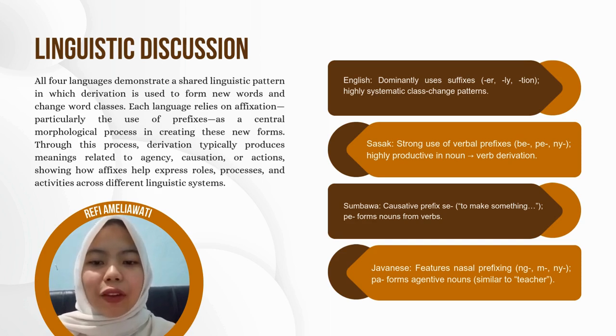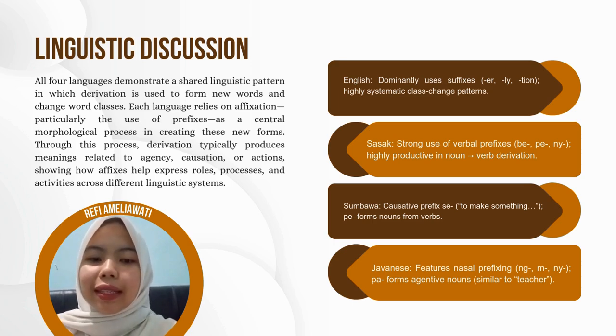English mainly uses suffixes like ly and tion, and the patterns are highly systematic. Sasak, on the other hand, uses a lot of verbal prefixes such as p and ny, making it very productive in turning nouns into verbs. In Sumbawa, the prefix se functions as a causative marker, while p helps form nouns from verbs.